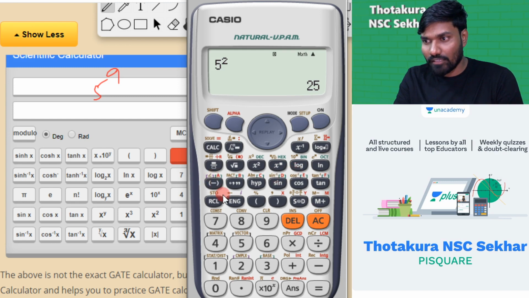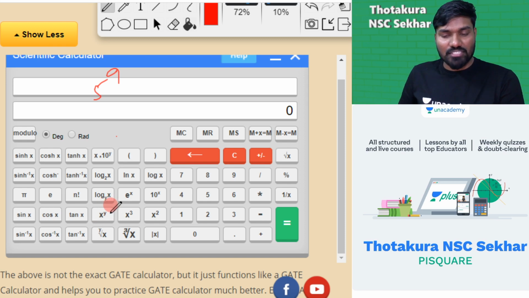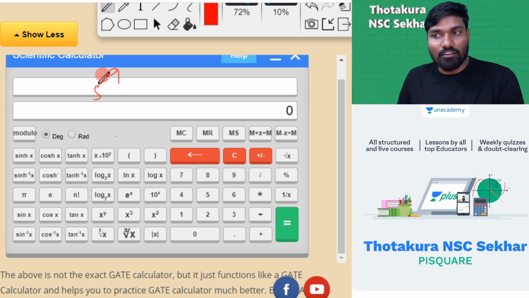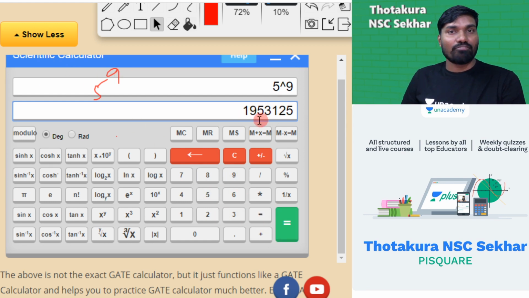So x first, then y. The x, y sequence very clearly says x first, then you'll enter y. X is 5, so you'll enter 5 first. Then this will take whatever value is here as x, then it will wait for the y value. The y value is 9. This is 5 power 9. Clear with this?